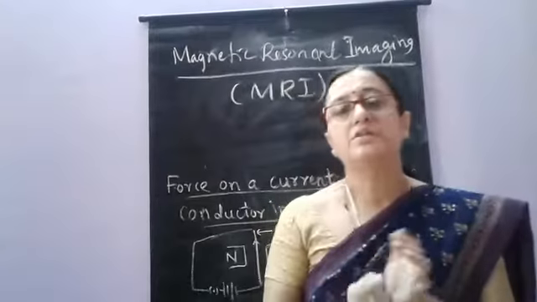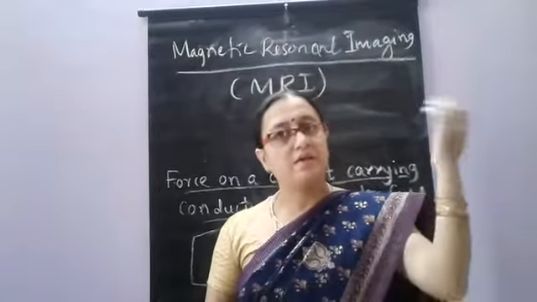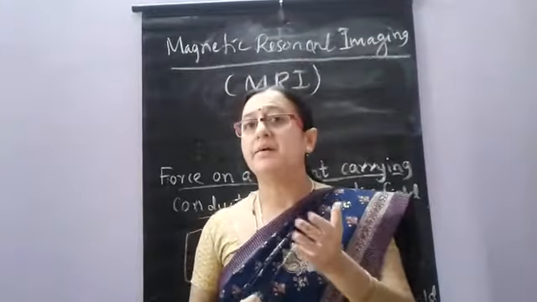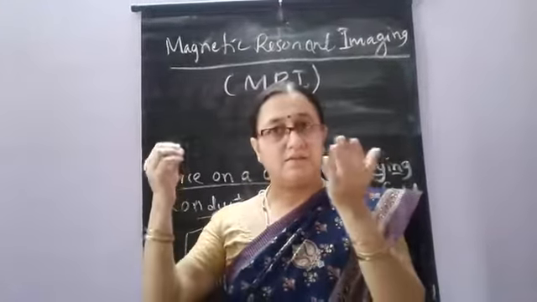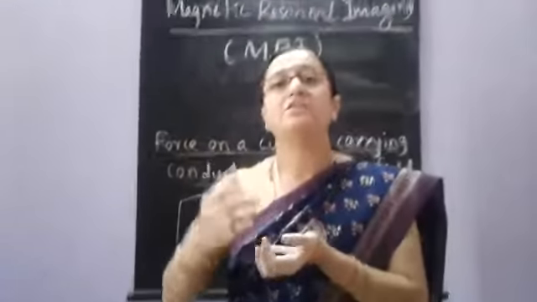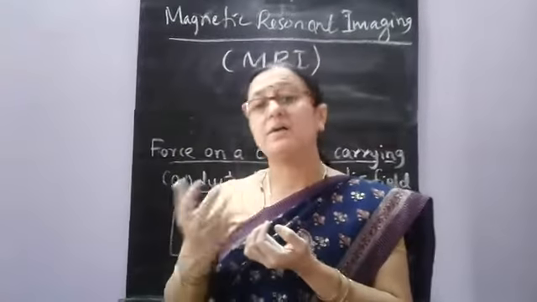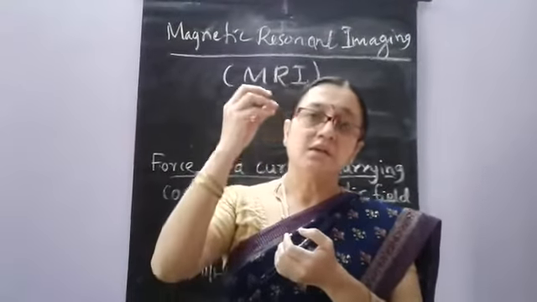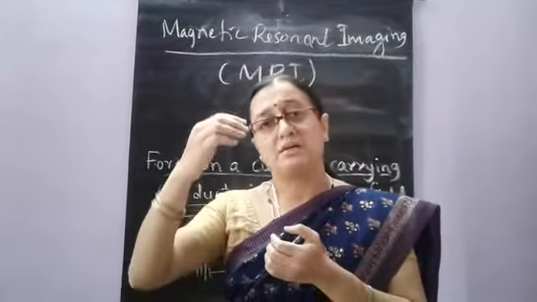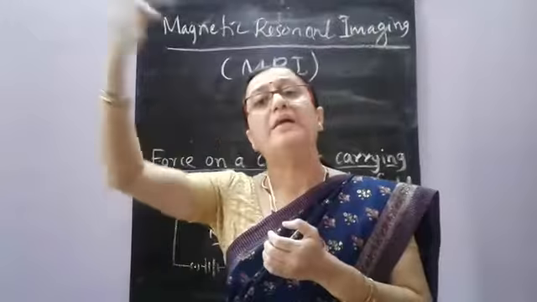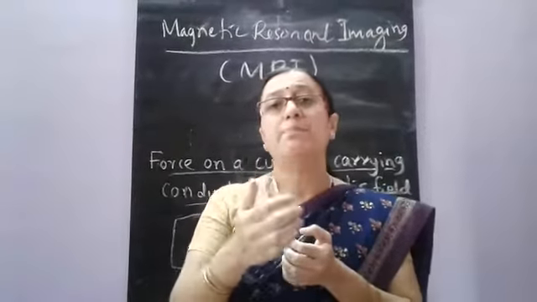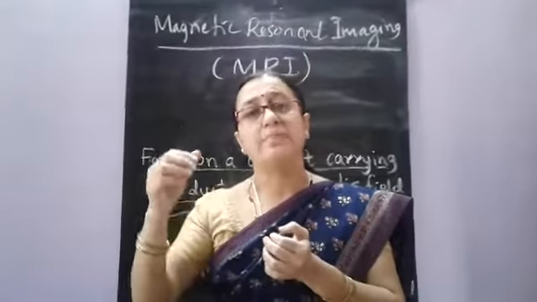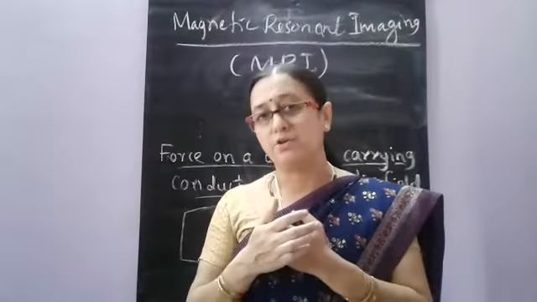So how is this current produced in our body? In our 9th standard, we studied about different applications of ultrasound waves. What are ultrasound waves and how are they produced? Ultrasound waves are the sound waves which are produced by frequency more than 20,000 Hz. One of the important applications of ultrasound waves in the medicine field is echocardiography.